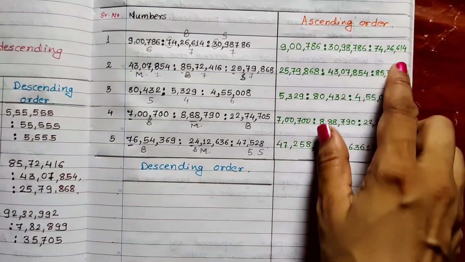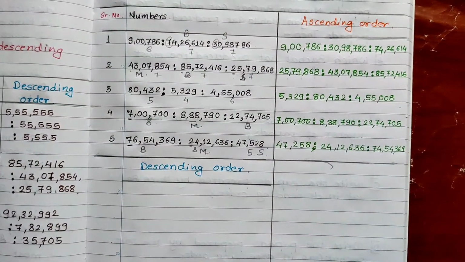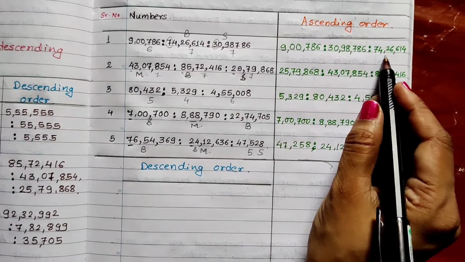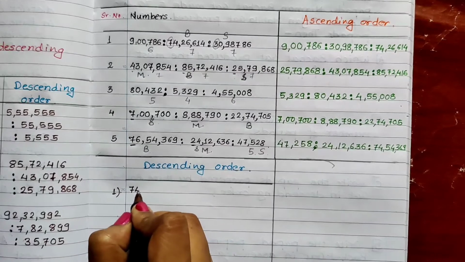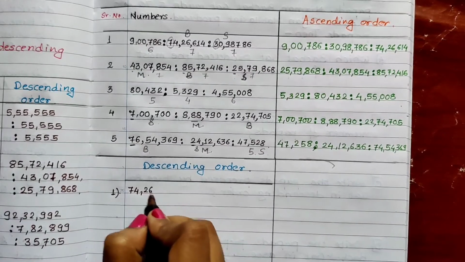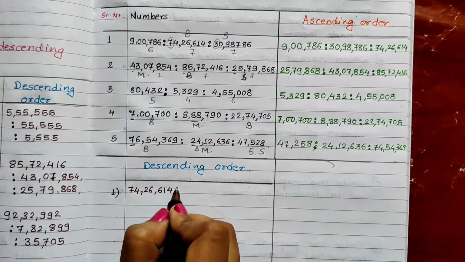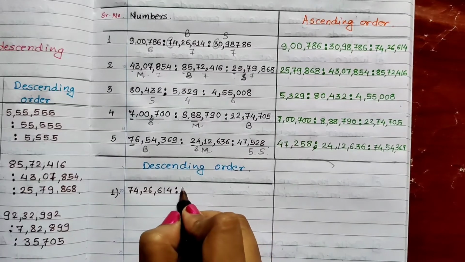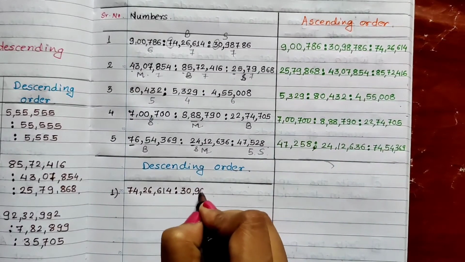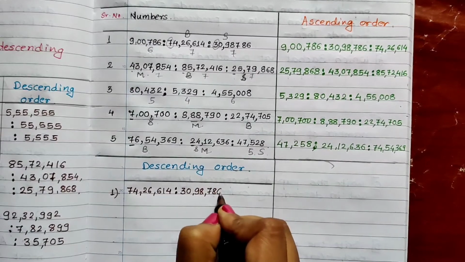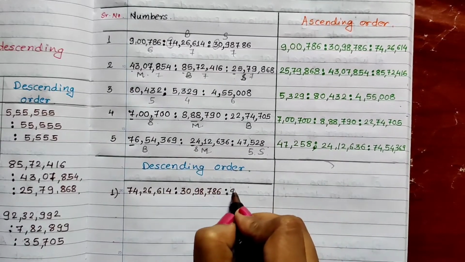You can write from this ascending directly descending order. We start with the first one, 74,26,614. Then the middle number will be the same, 30,98,786, and then we will be writing the smallest number.